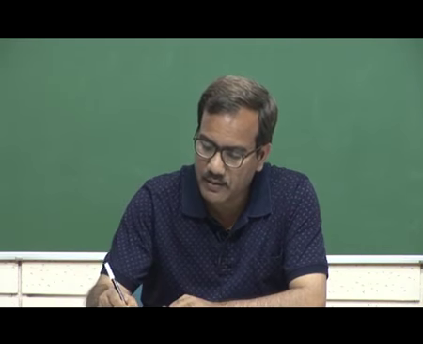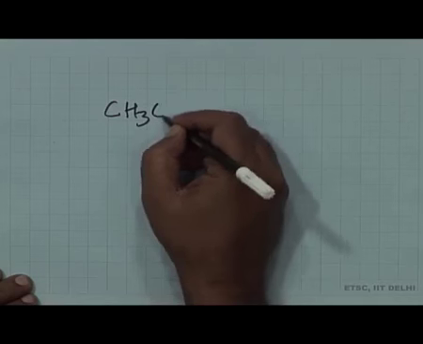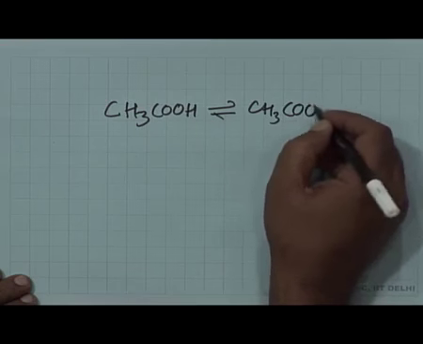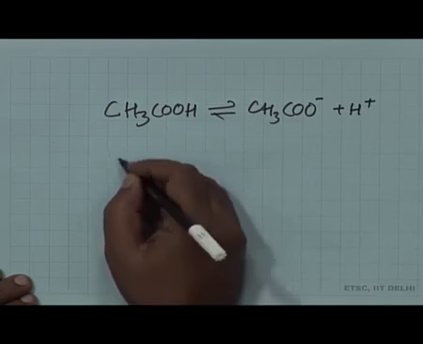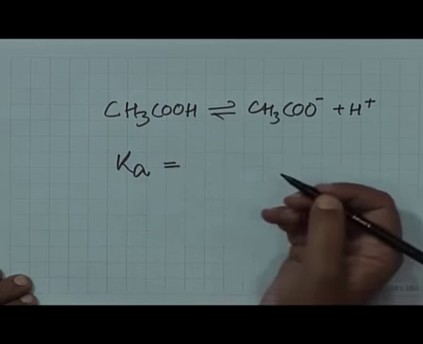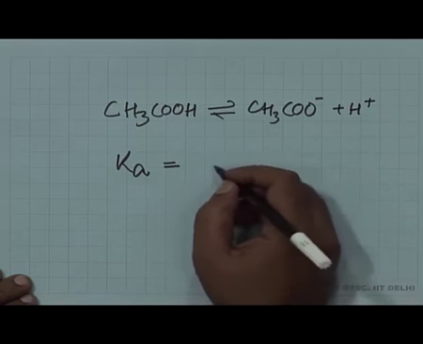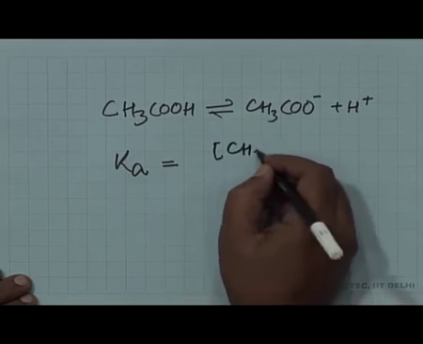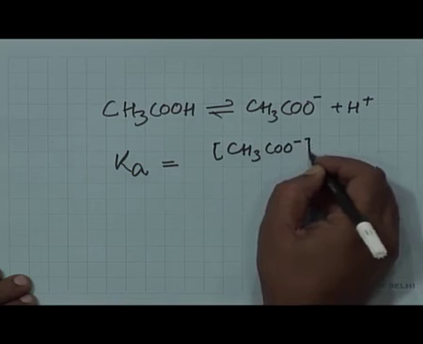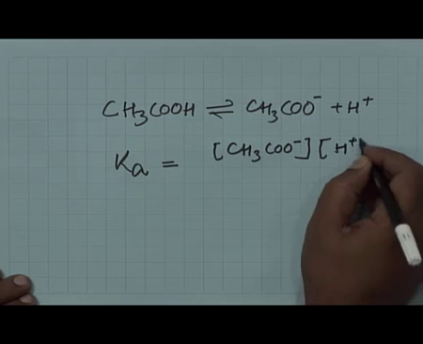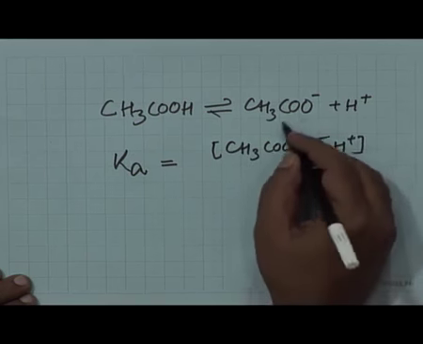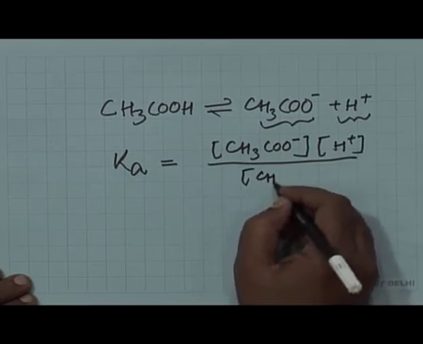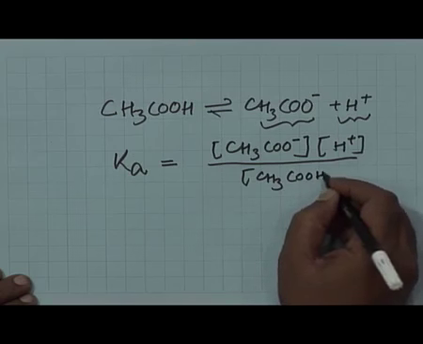So, when we apply the concept of equilibrium to an acetic acid solution, we can simply write the way we used to write for any equilibrium reaction. Equilibrium constant equal to the multiplication of the ions on the product side divided by the concentration of reactant.